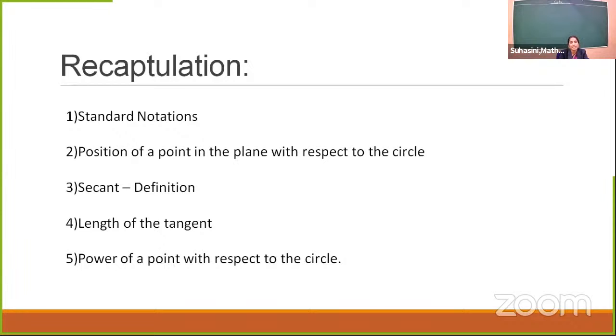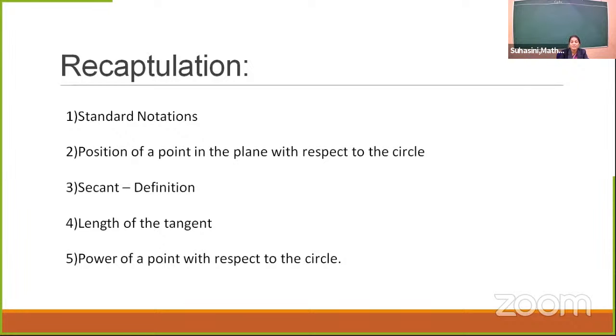If point P lies inside the circle, CP will be very small compared to the radius. Therefore, CP square is less than R square, so CP square minus R square is less than 0. What we got as CP square minus R square is S11. So S11 is less than 0. The same CP square minus R square value is named as the power of a point.